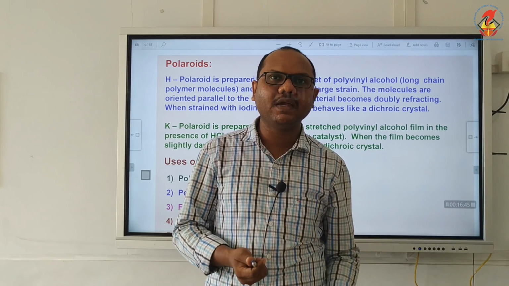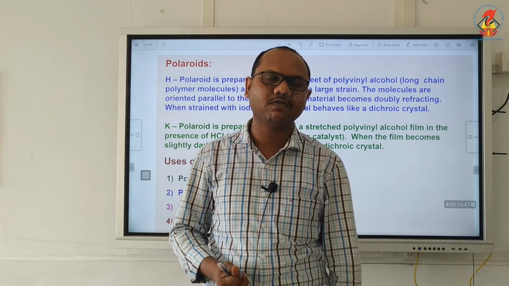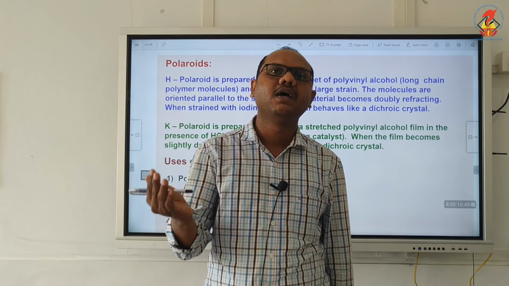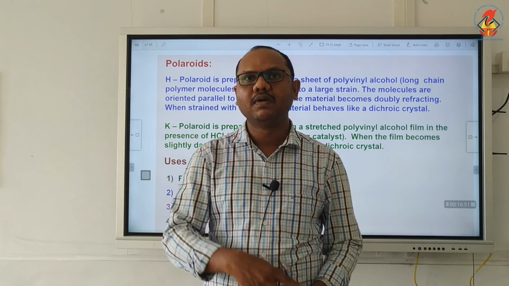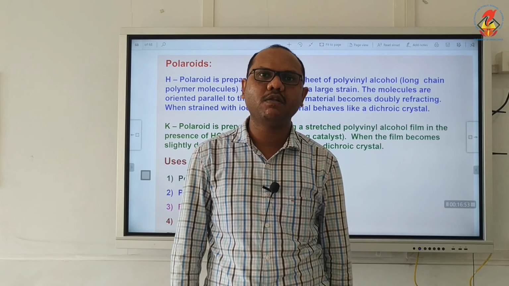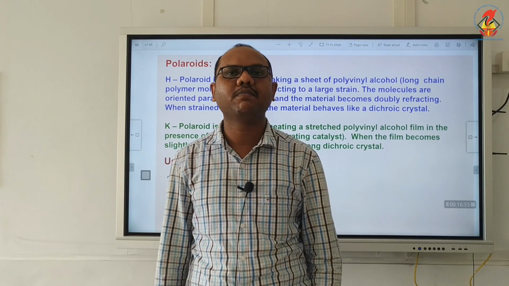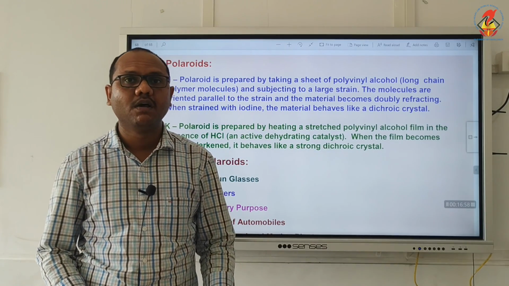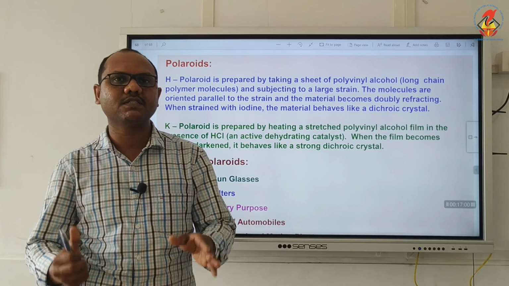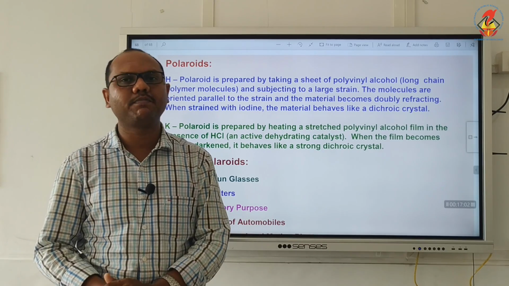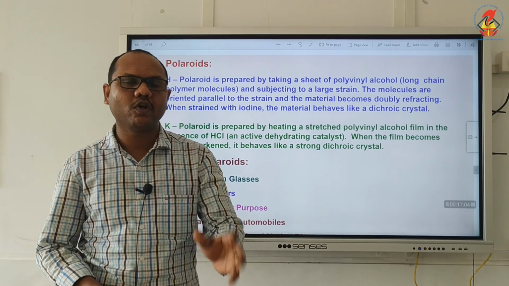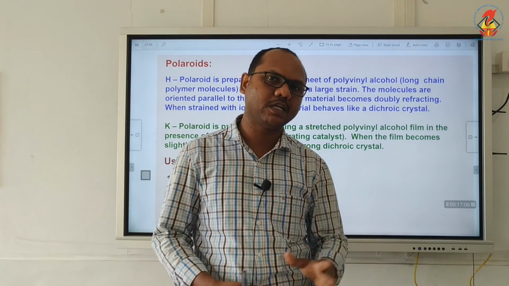So the electric field vectors which are in the direction of those aligned molecules will be absorbed. The perpendicular vibrations will pass through. So the vibrations coming out through the Polaroid will always be perpendicular to the plane. So the Polaroid can absorb the parallel vibrations.